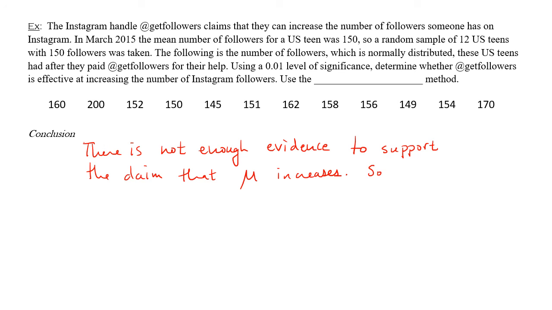And so this is more or less an inconclusive result, because we can't really support their claim that it's somehow increasing, but at the same time we don't want to support the claim that it stays the same either. So this is an inconclusive result.